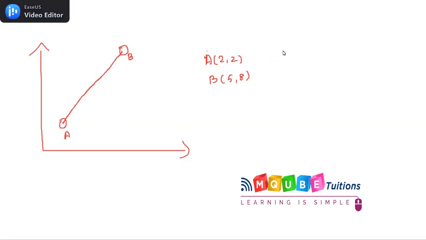What is the midpoint of A and B? We know well. It will be 2 plus 5 divided by 2, and 2 plus 8 divided by 2. So it will be 3.5 and 5.